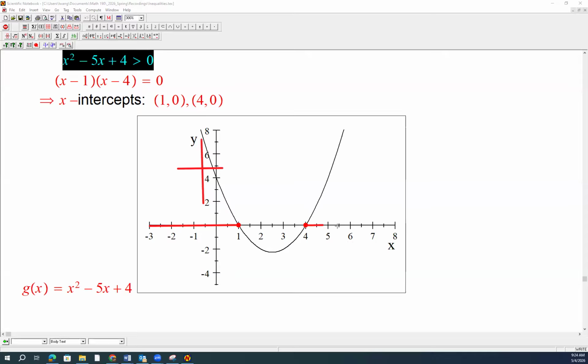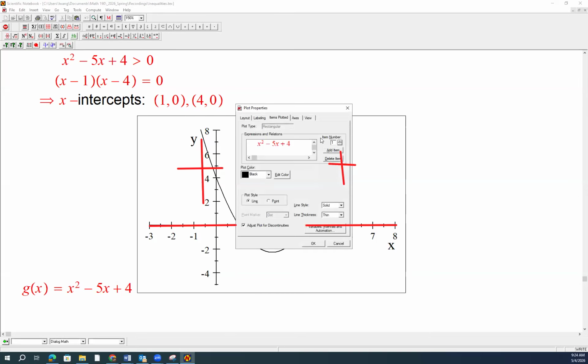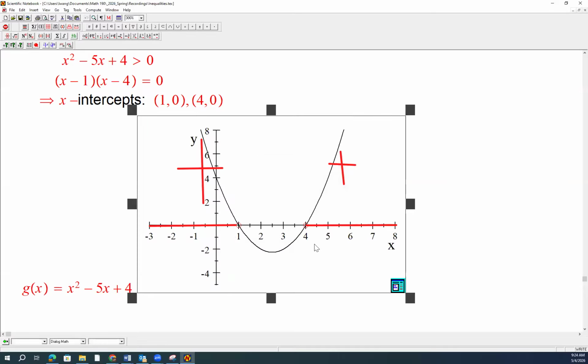For all of these inputs, g is also positive, not including the dots. I'm going to have to change the dot to a circle. So now it's perfect. For all of these inputs, less than 1 or greater than 4, the curve is above. That means the function is positive, and we want it positive.